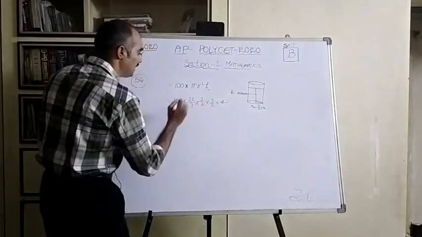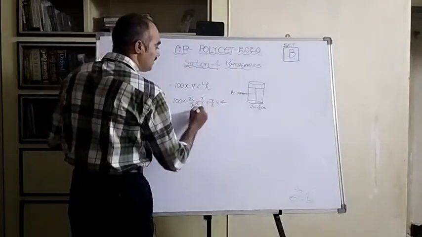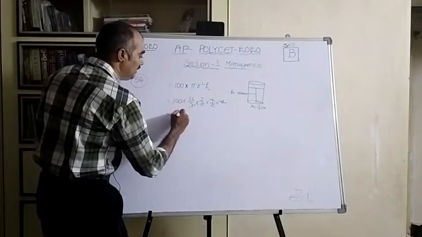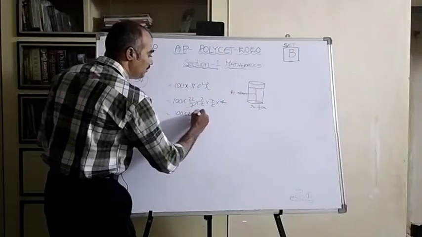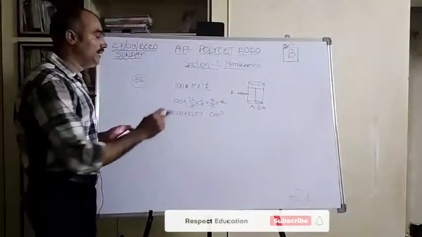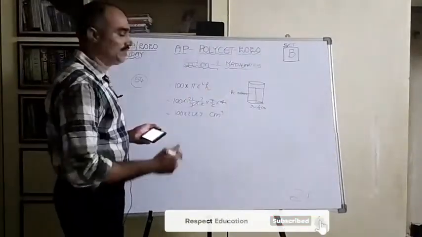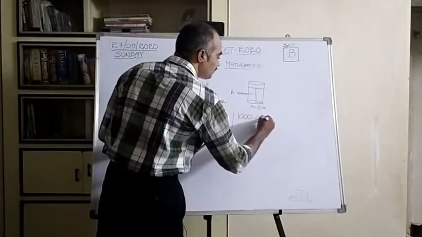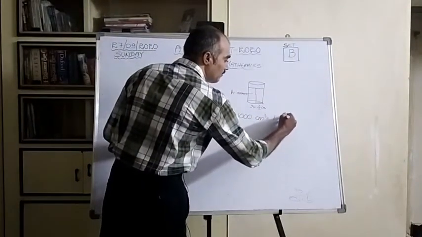Now let us simplify this. 7 cancels, 2 into 2 is 4, cancel. So here we get 100 into 22 into 7 cm cube. But the question asks us to convert the value into liters. Actually, 1000 cm cube is 1 liter.